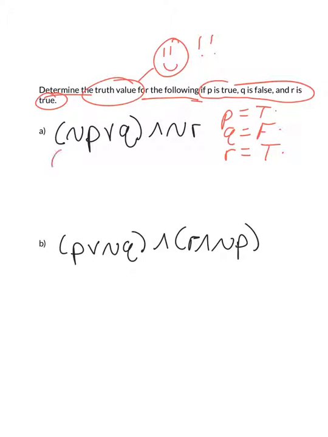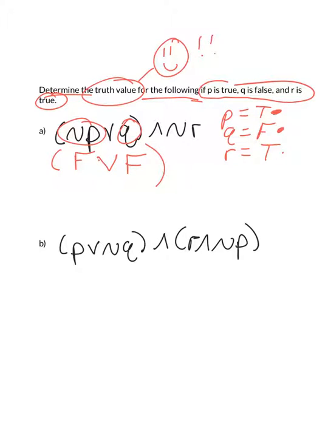So I'm going to bring down the parentheses looking at A. A is parentheses, not P or Q, and not R. So bring down the parentheses, don't worry about them yet. Not P, well if P is true, and I negate a true, it's going to make it false. Bring down the or, I'm not going to worry about it yet. They tell you what Q is. Q is false. Plug it in.